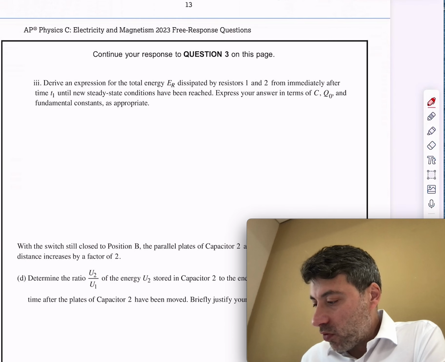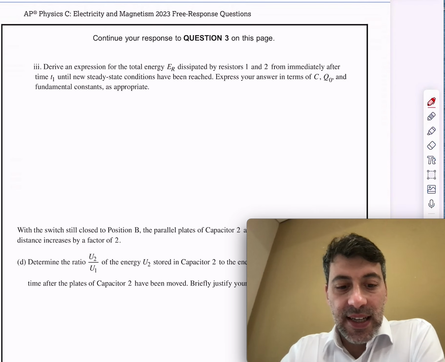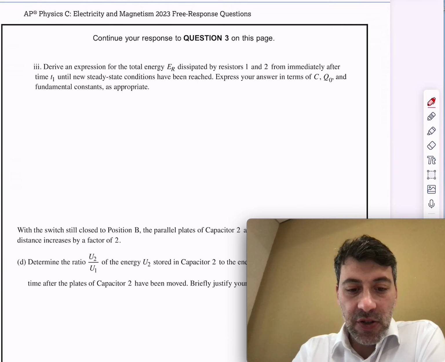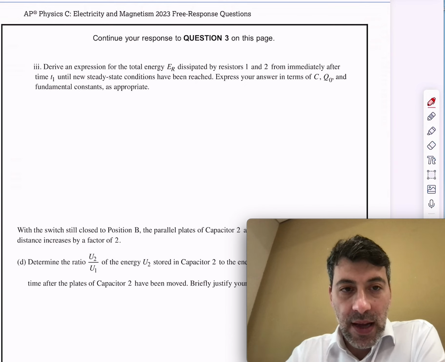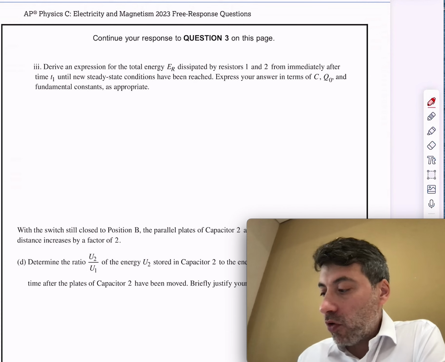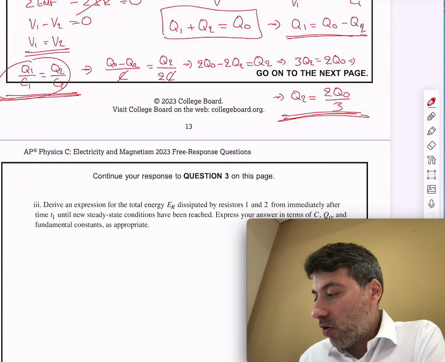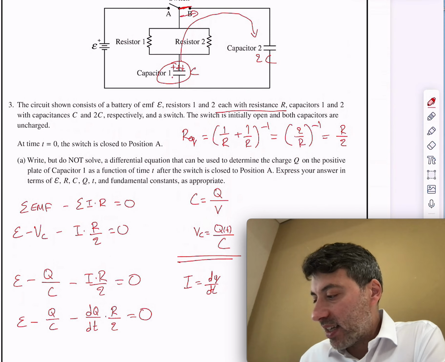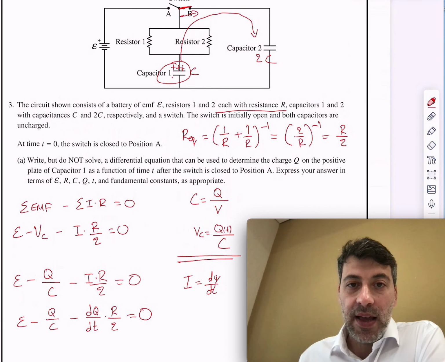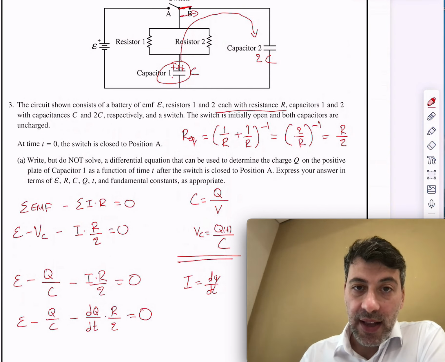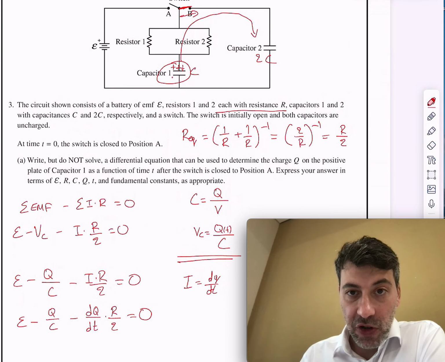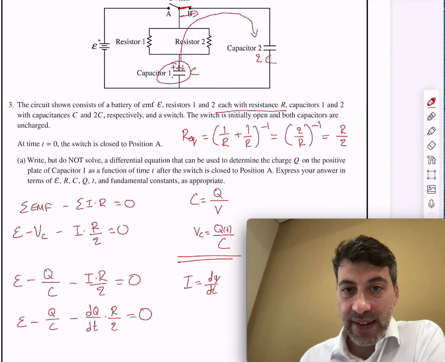And we continue to part 3, which is to derive an expression for the energy by resistors 1 and 2 immediately after time 1 until the new steady conditions have been reached. So we need to find the energy of the system just before we turn the switch to position B and a long time later.